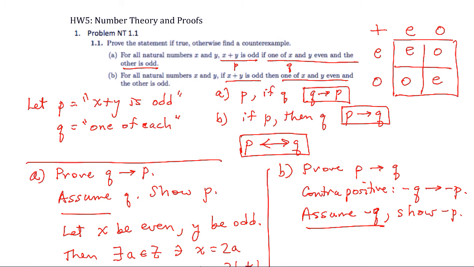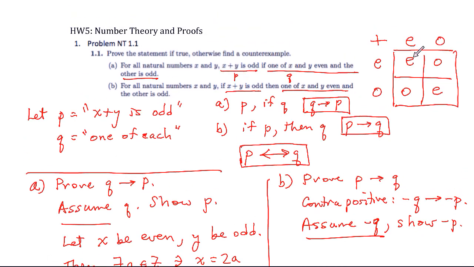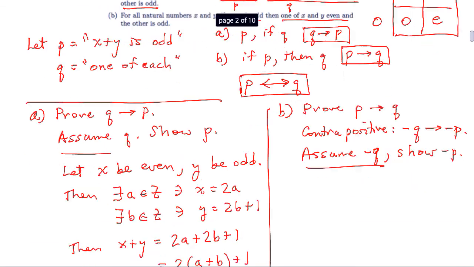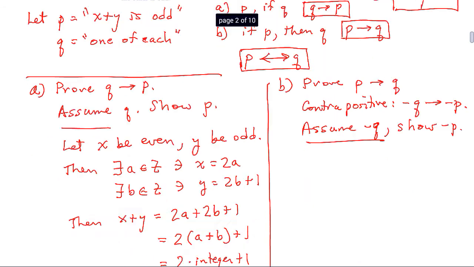Either they're both even. We've actually sort of got 3 possibilities. Either they're both even, or they're both odd, or we have one of each. Okay? And so if we're assuming that we don't have one of each, then there are 2 other possibilities remaining.